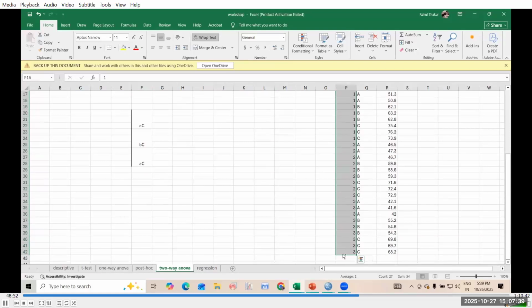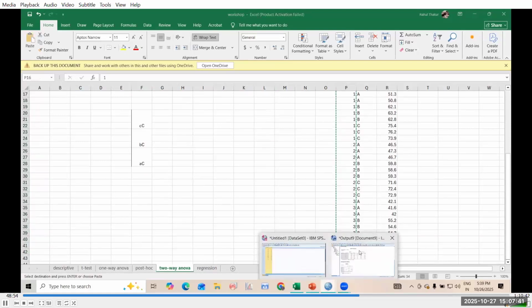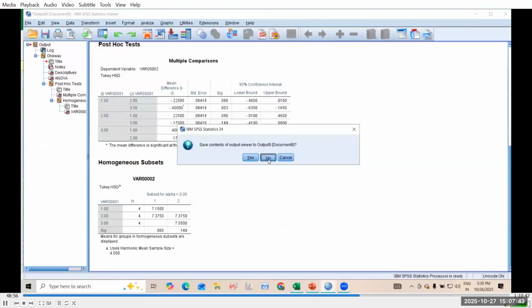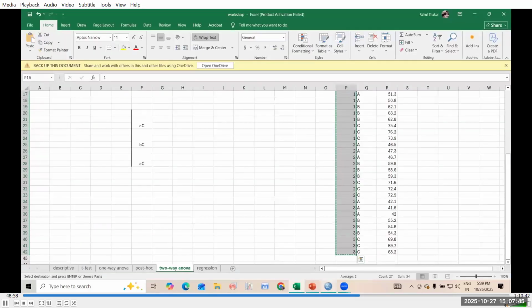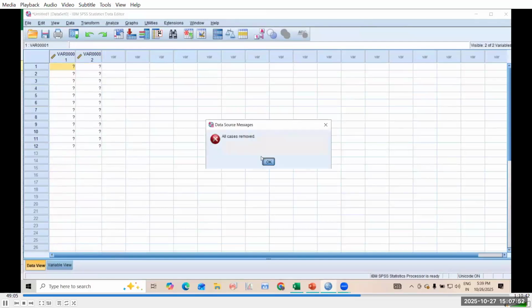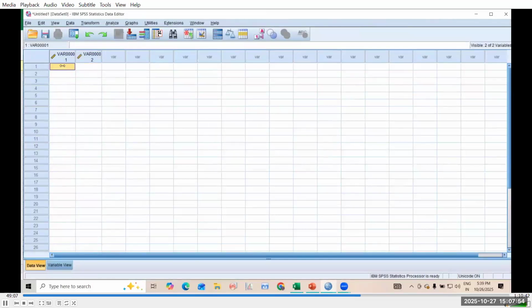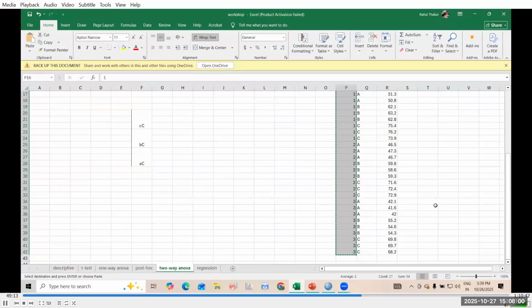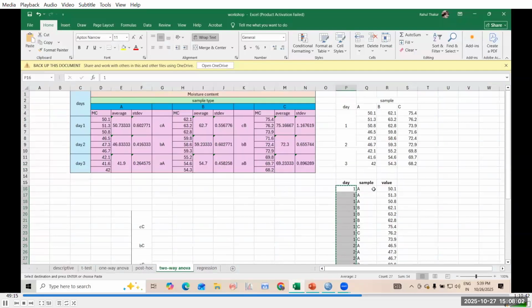First, I'll clear all the values. This is factor 1, the number of days. Then we'll go for the sample type.